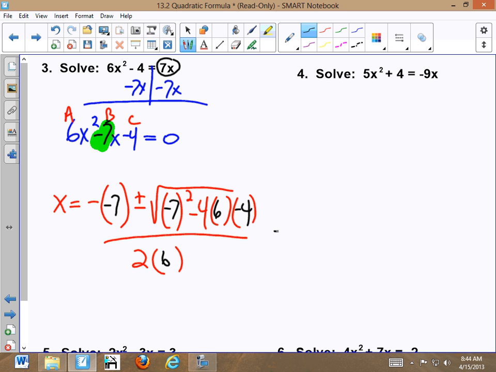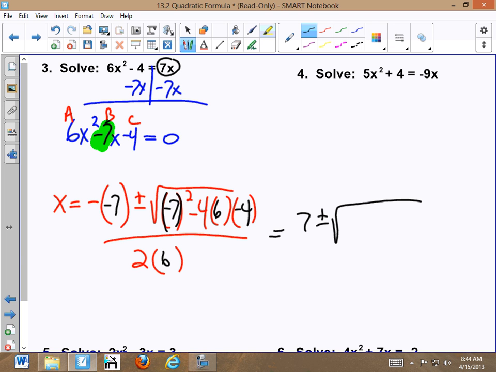So now this equals negative 7 is positive 7, plus or minus. Now is when we run into the problem. If you do not put this in the calculator inside parentheses, it's going to tell you negative 49. Negative 49 is wrong.